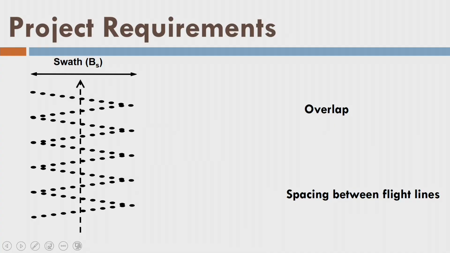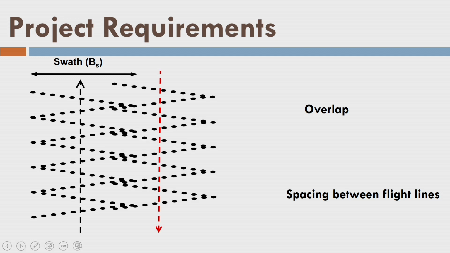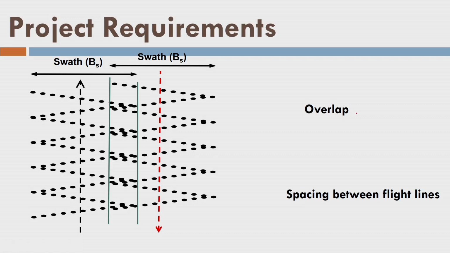So now if we see the overlap and the spacing between the flight lines, again we are looking at it very carefully. This is the overlap, and we have already given the formula of overlap as eta times 2h tangent of alpha. So the spacing between the flight lines is given as swath minus overlap. I am repeating it, so we have 2h tangent alpha (1 minus eta), right.